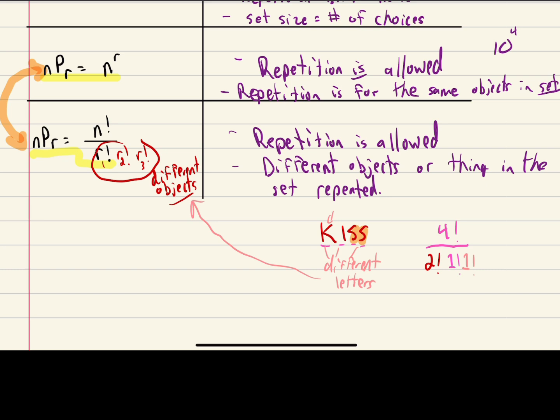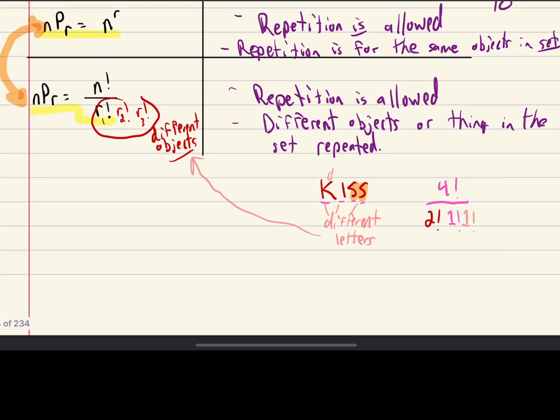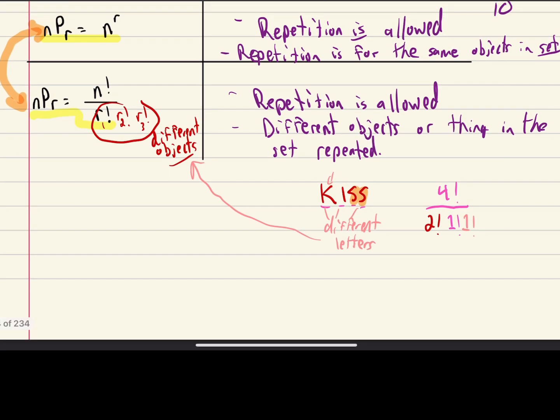Now, finally, the last main formula that you see, we say nPr is equal to n factorial over n minus r factorial.